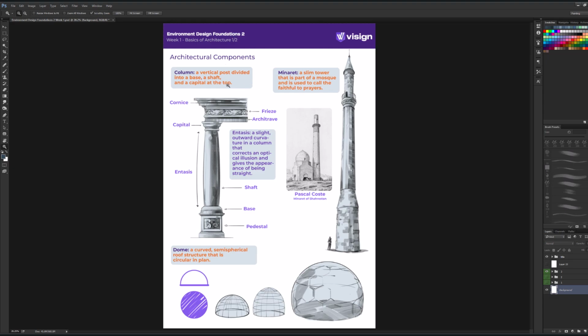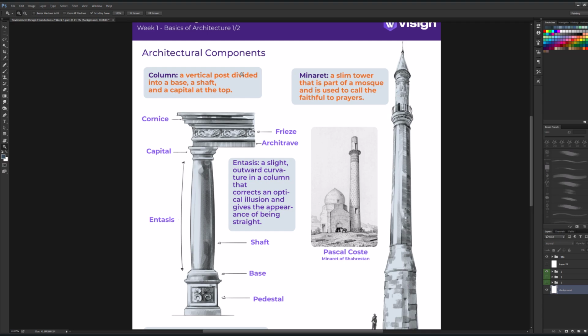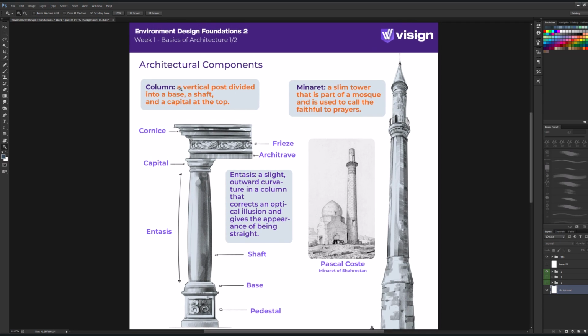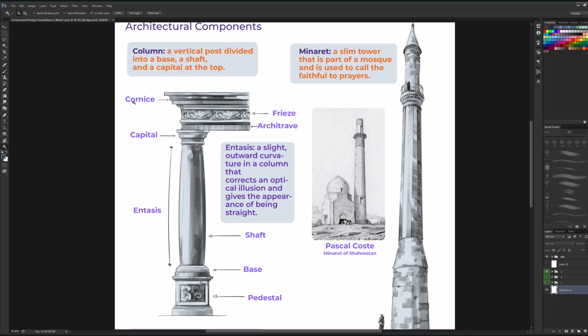Now let's go and see what the column is and how it works. The definition of a column is a vertical post divided into a base, a shaft, and a capital at the top. As you can see here, this area is called the cornice. This is the frieze, which can be an artistic sort of component, and you see that it has some decorative designs on it.